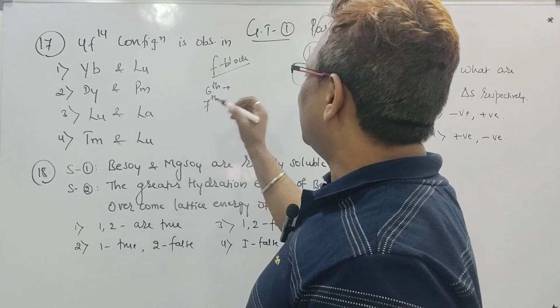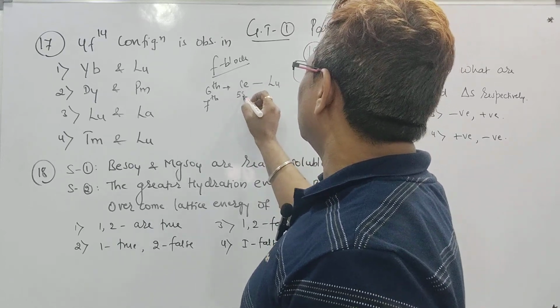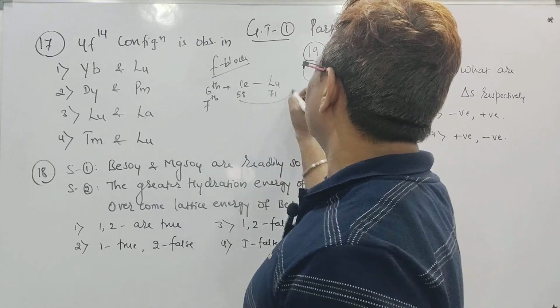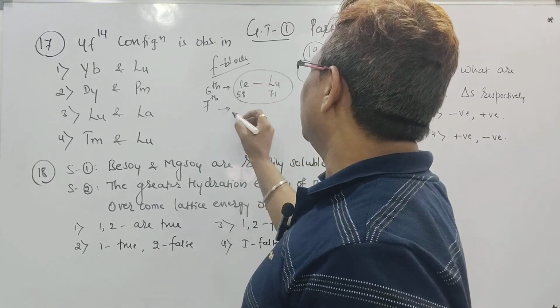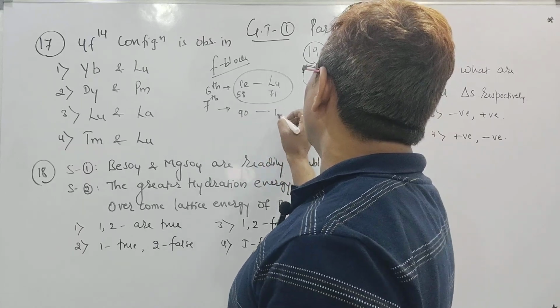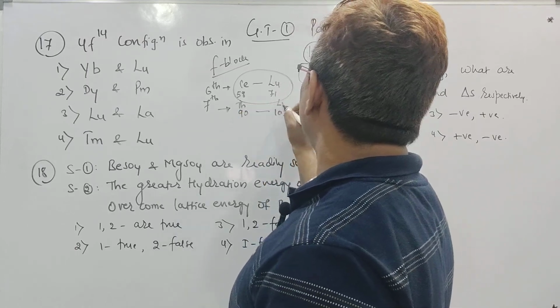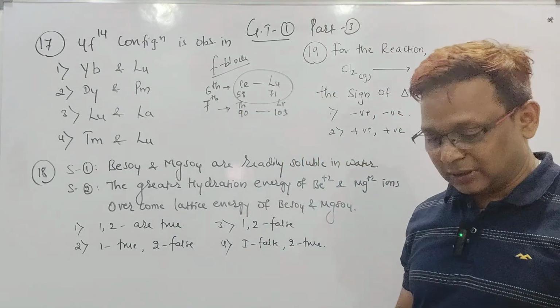Beta, in the 6th period it starts from cerium to lutetium, atomic number 58 to 71, and in the 7th period it starts from atomic number 90 to 103. That means it starts from thorium to lawrencium, 90 to 103.